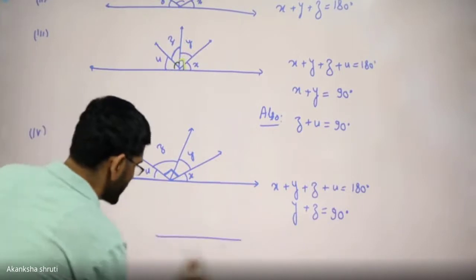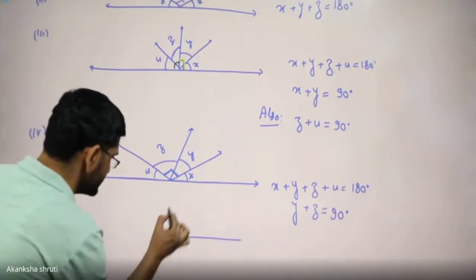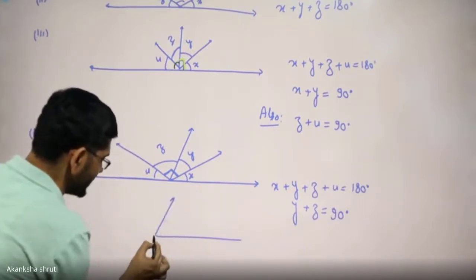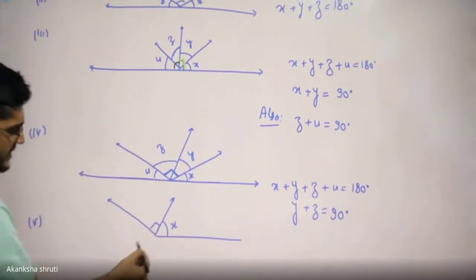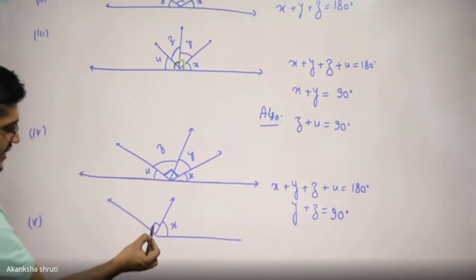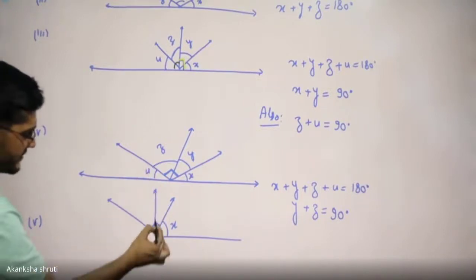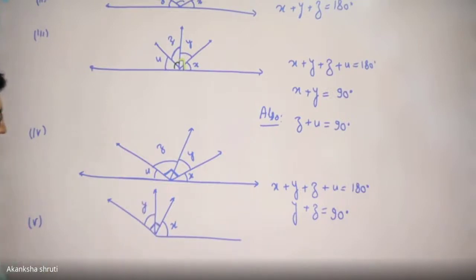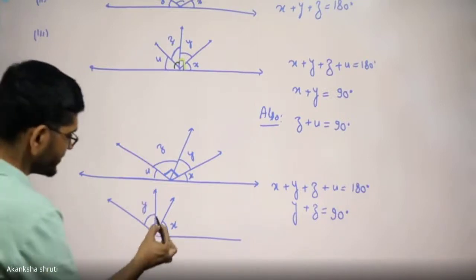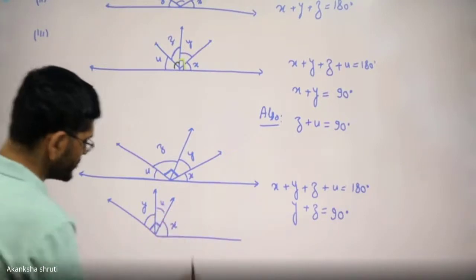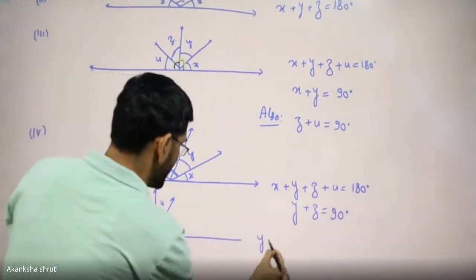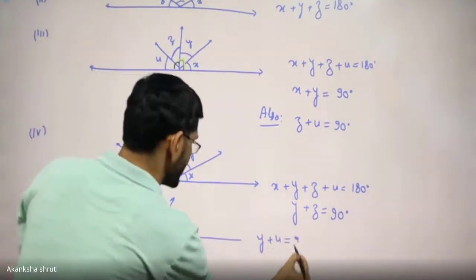Students, it may be possible that the question is framed like this. In this case, we have this angle as 90 degree. This is our X. No more conditions are given. Or even we may take another one like this. Consider this as the Y. Then it may be possible to take this part as U. So Y plus U is equal to 90 degree.